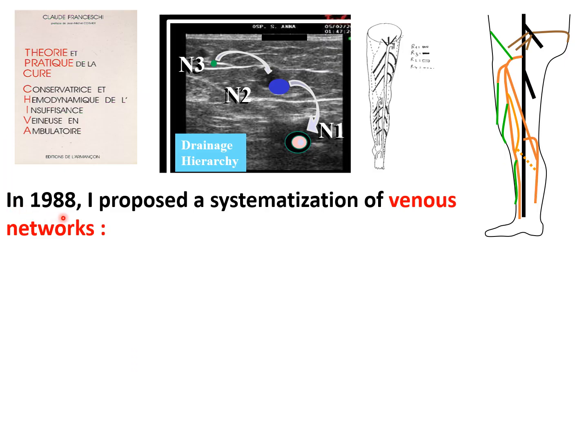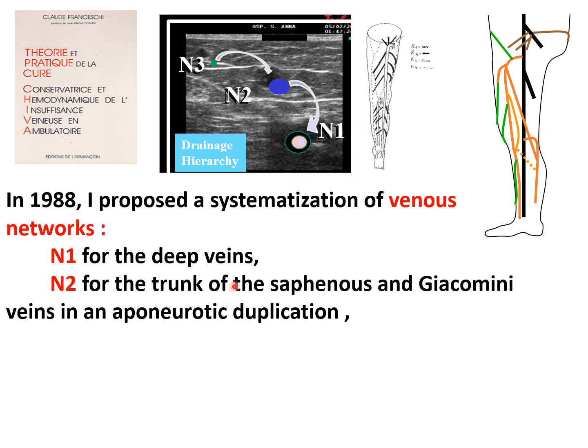In 1988, I proposed a systematization of the venous networks, N1, N2, N3: N1 for the deep veins, N2 for the trunk of the saphenous and Giacomini veins in an aponeurotic duplication, here, aponeurotic duplication, and N3 for the supraaponeurotic veins, and N3 here, supraaponeurotic.